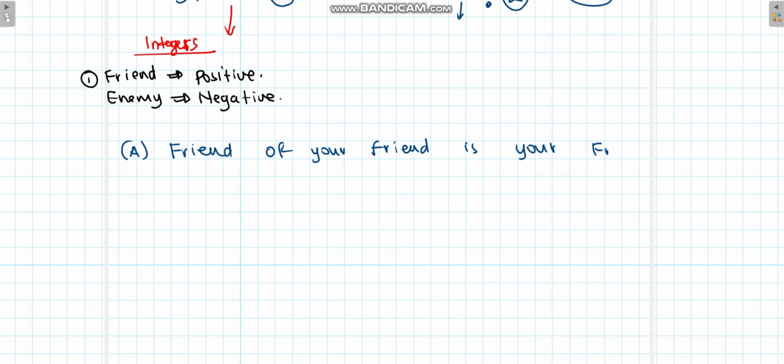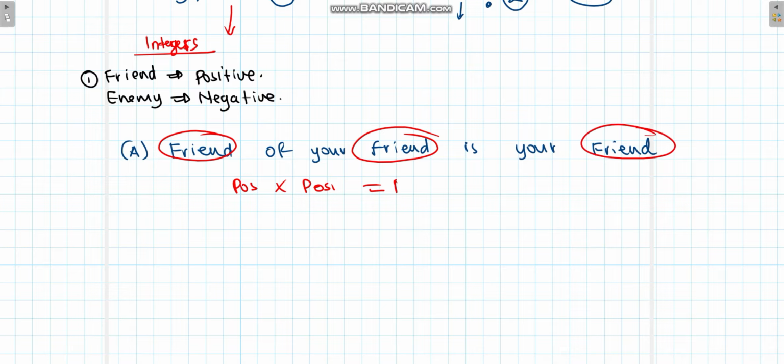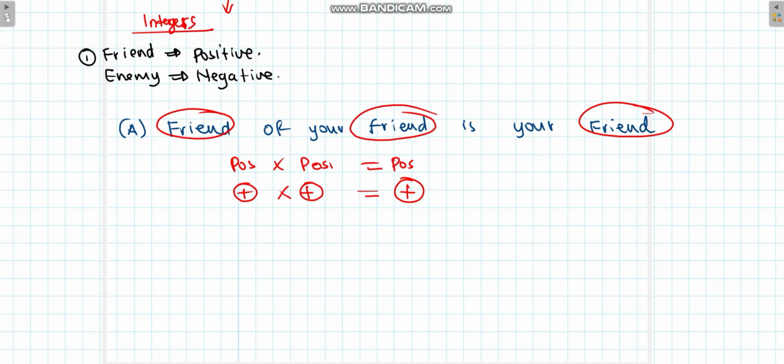So what does it tell us mathematically? Positive, remember, positive times positive will give us what? A positive. You can see a positive times a positive will give us a positive. It will never change.